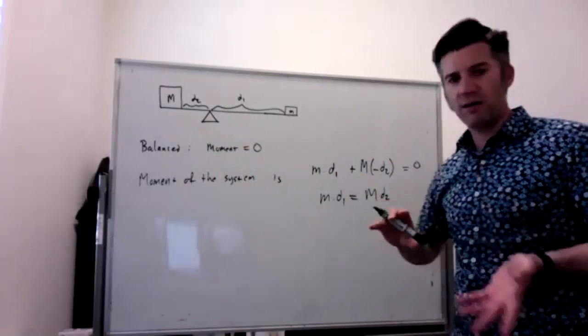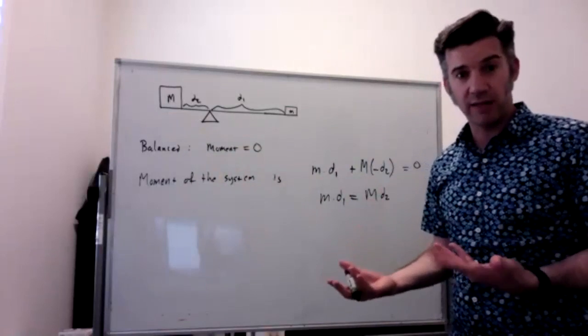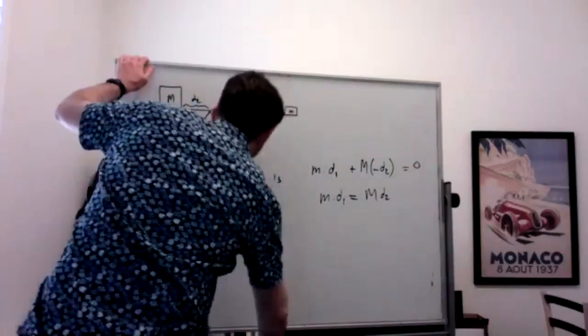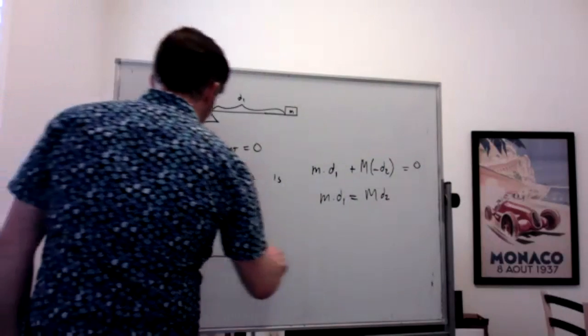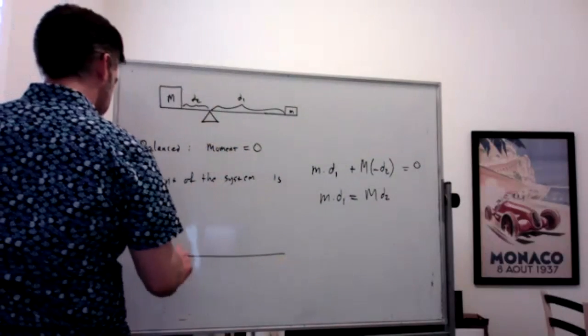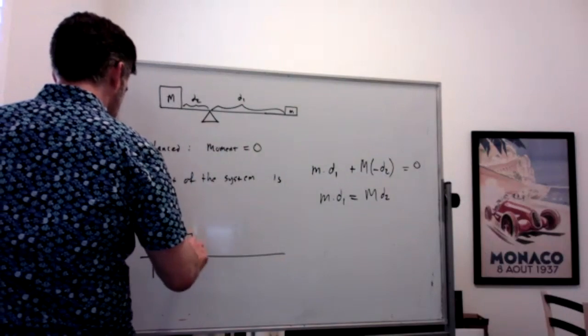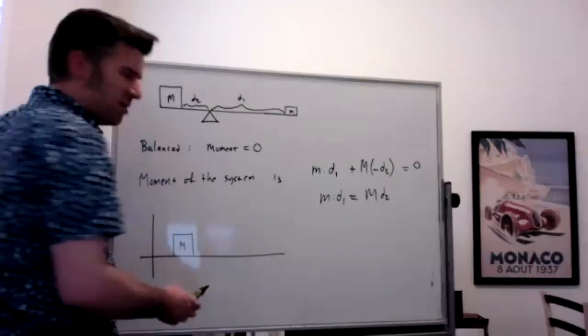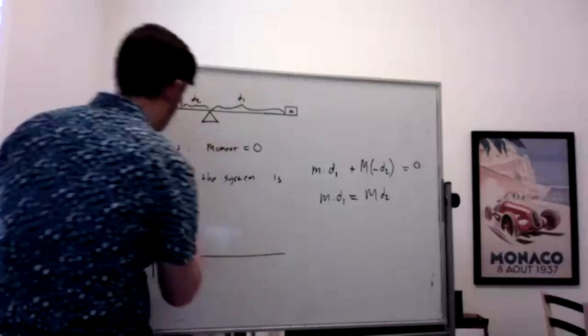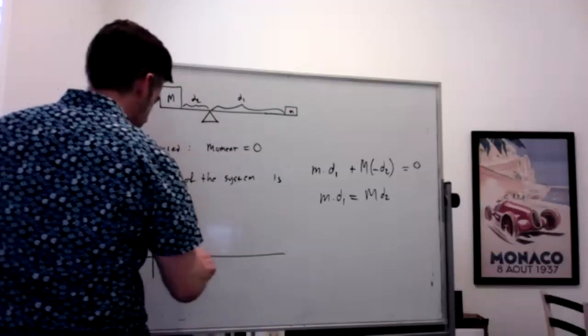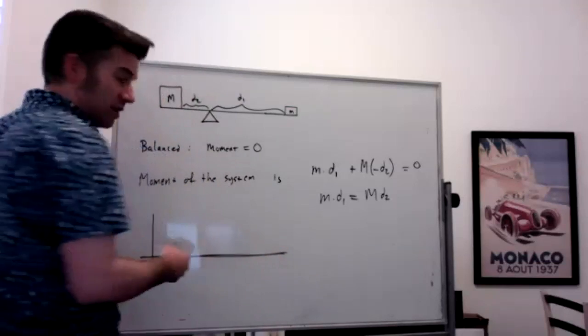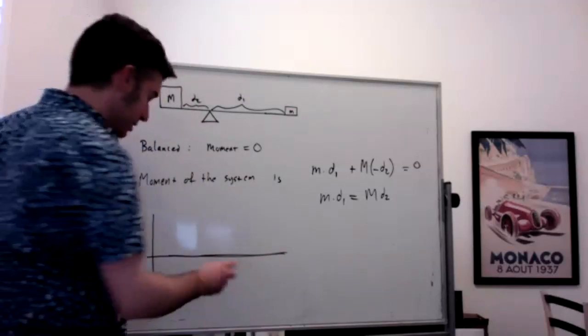Now, how does this relate to the center of mass? Well, let's say we have these two objects somewhere living on the x-axis. Here's object 1. Let me use some real numbers. Let's say we've got object 1 sitting on the x-axis, the teeter-totter that is the x-axis.